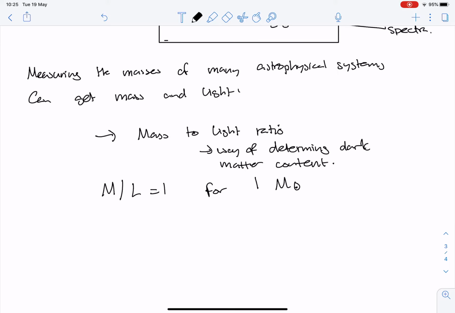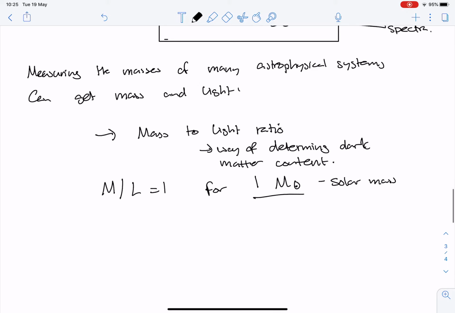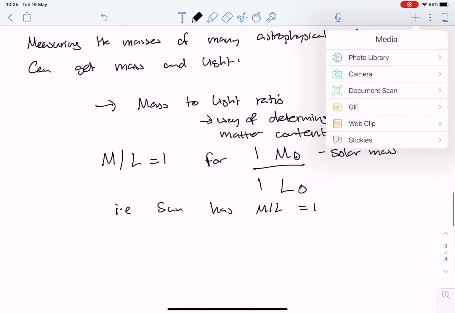So this little circle dot, that's solar mass, divided by one solar luminosity, i.e. the sun has an M over L equals 1. And then we can look at lots of other things.